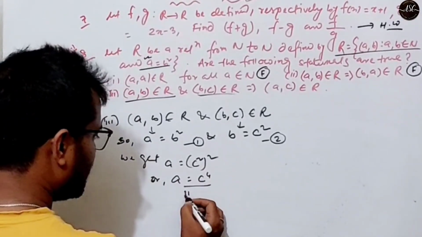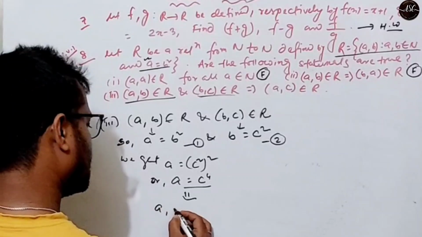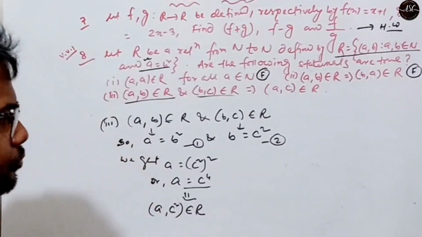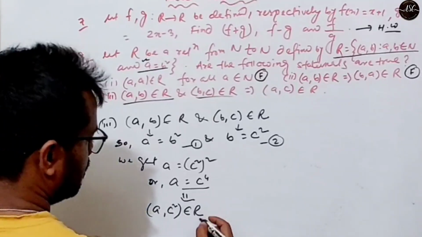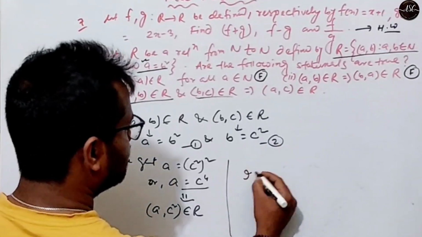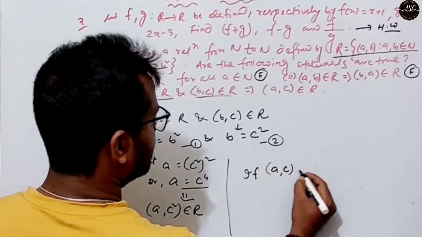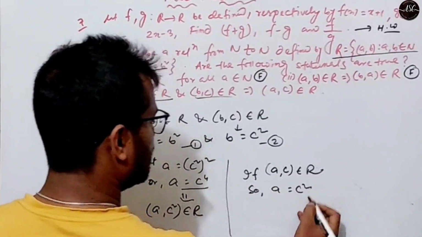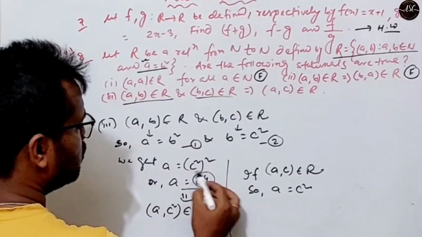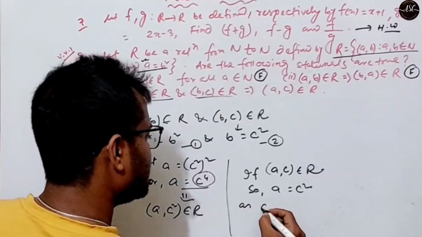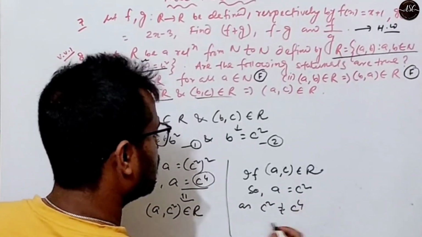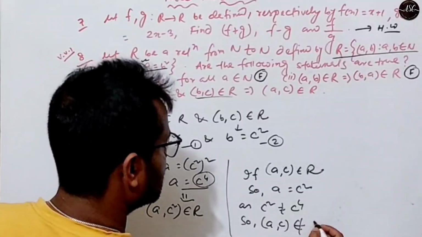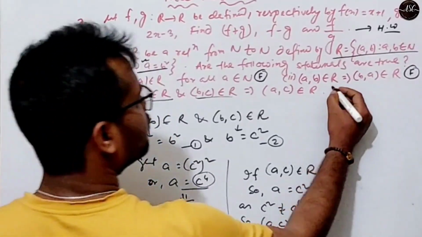From this we can write (a, c square) belongs to R. If (a, c) belongs to R, then we write a equal to c square, but here a equal to c to the power 4. As c square is not equal to c to the power 4, (a, c) does not belong to R. So this is also a false statement.